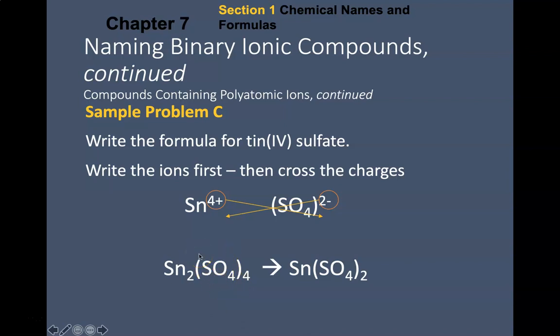Think of the thing inside the parenthesis as a rock you cannot touch. Do not try to separate anything inside of that. Leave it alone. So we divide the subscripts on the Sn and the SO4 by 2, and we get Sn(SO4)2. Now, just because we don't see it, don't forget there is a fictional 1 right there.